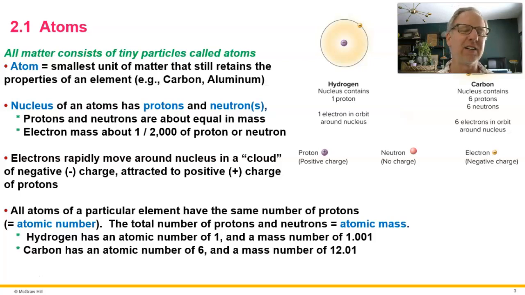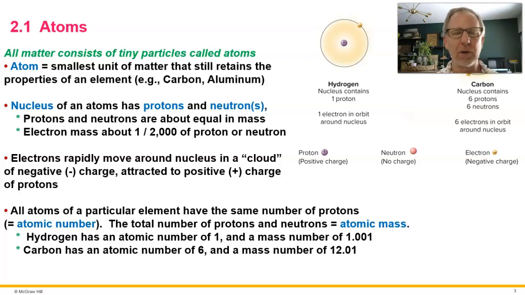Now, the last thing here is the idea of atomic mass. Atomic mass is the total amount of mass that makes up an atom, and the atomic mass is made up of the number of protons plus the number of neutrons, because they're about the same size.